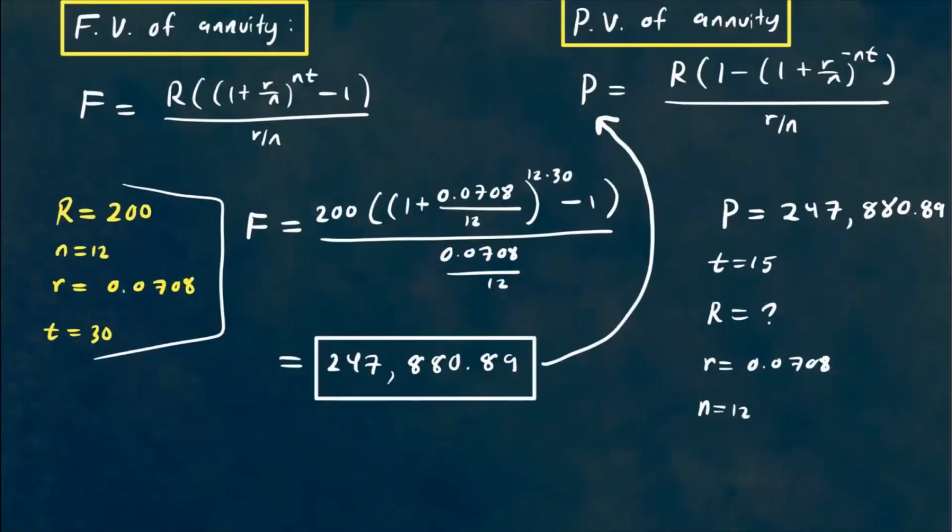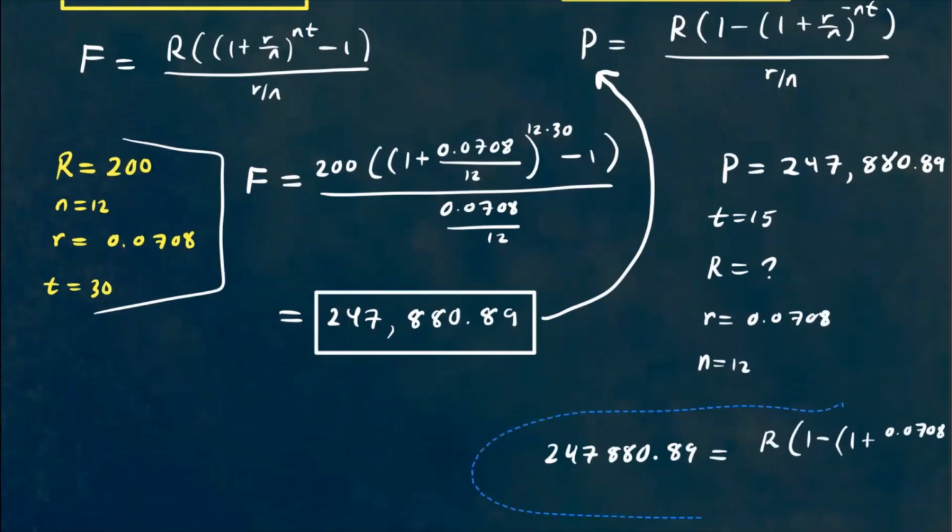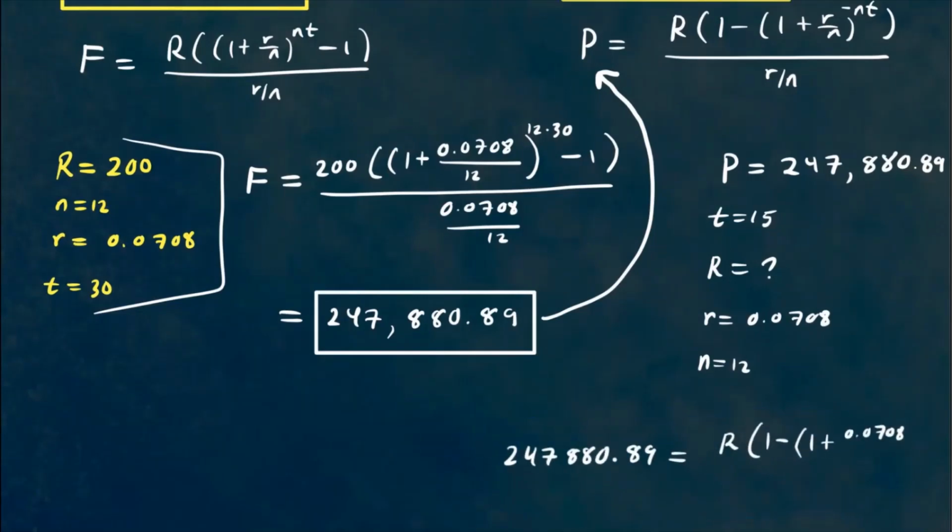Now plugging all of this into our formula for the present value, you will have P, that's $247,880.89, is equal to R, we don't know, times 1 minus 1 plus 0.0708 divided by 12 to the power of negative 12 times t, which is 15, and we're going to divide that by 0.0708 divided by 12.